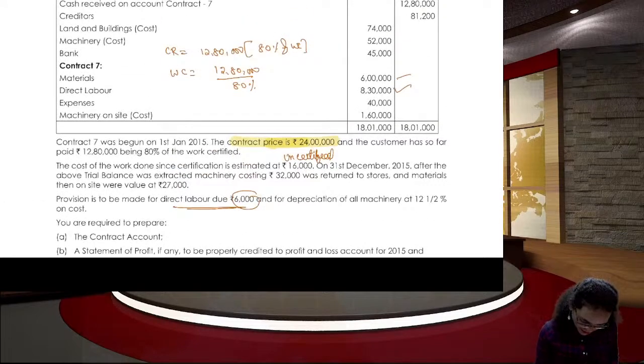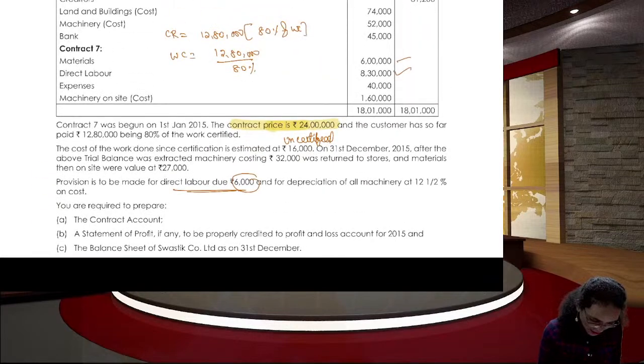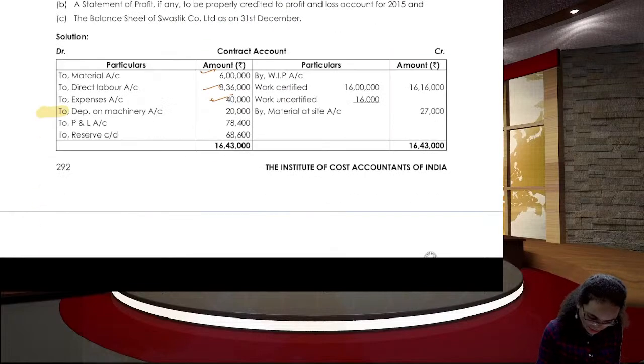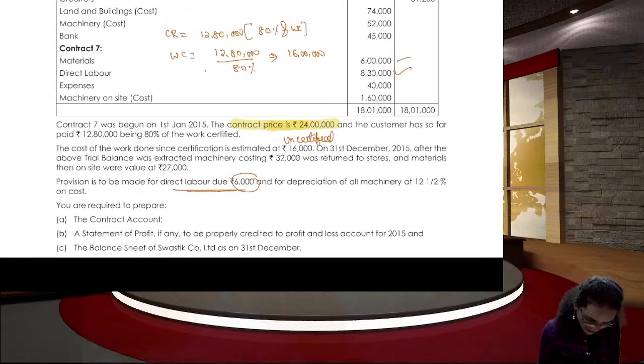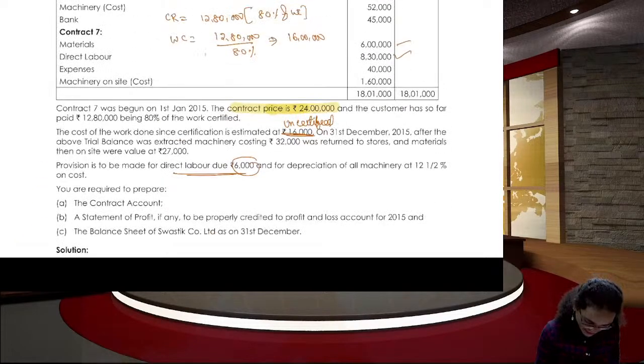Depreciation part we will see a bit later. You put it aside. Next one, work in progress. 12,80,000 divided by 80% is 16 lakhs. 16 lakhs work in progress. Uncertified, here I wrote already 16,000. And material at site, it is given 27,000.